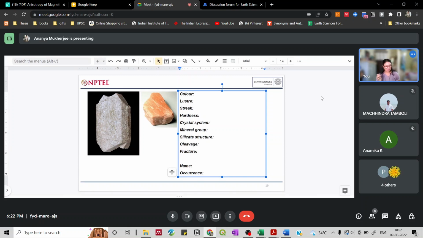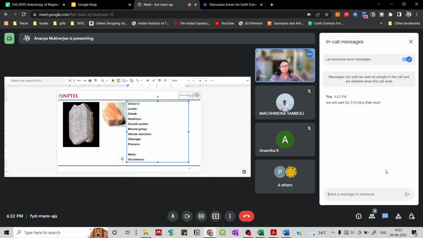Okay, so we'll start with the most basic. Can you tell me what color the mineral in the left figure is? You can use the chat box and give the answer. There's no issue.